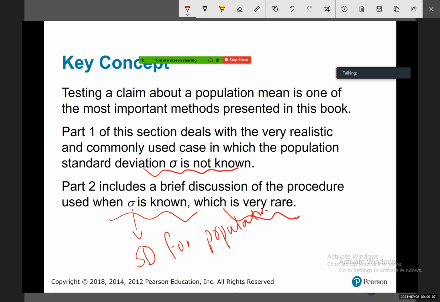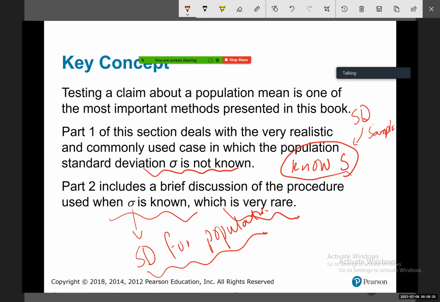When sigma is unknown, you know s. It's easy to know s because it's the standard deviation of the sample. But it's very rare to know sigma, the standard deviation for the population. So that's our lesson for today.